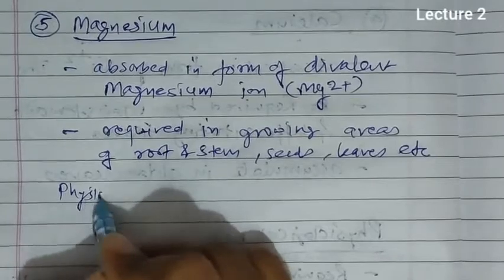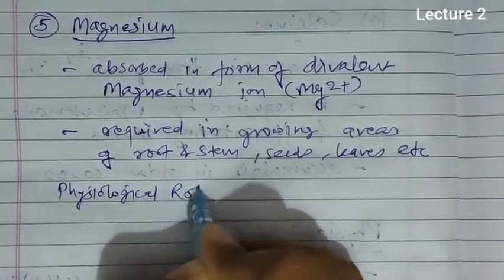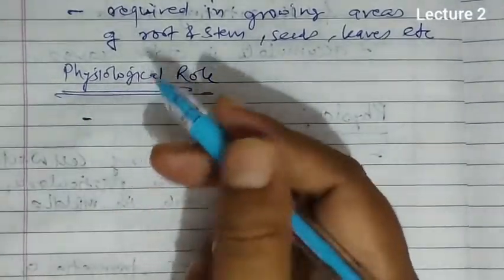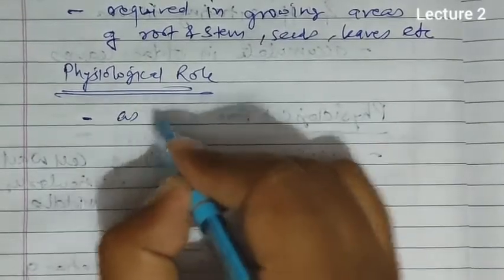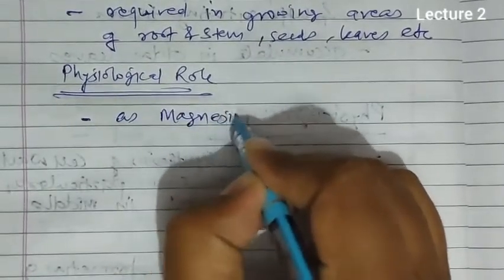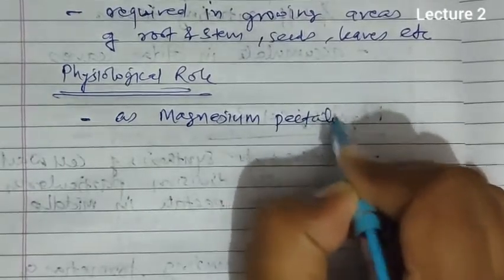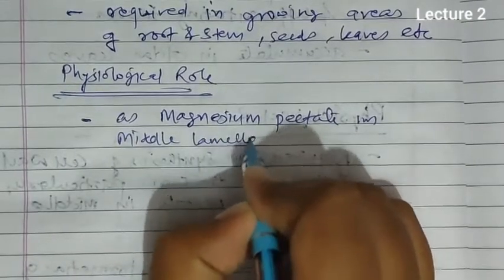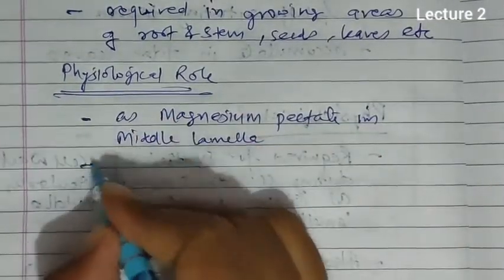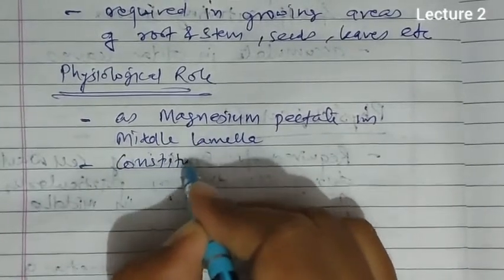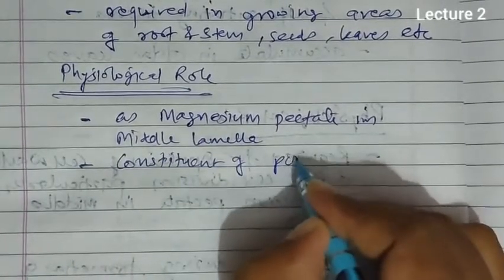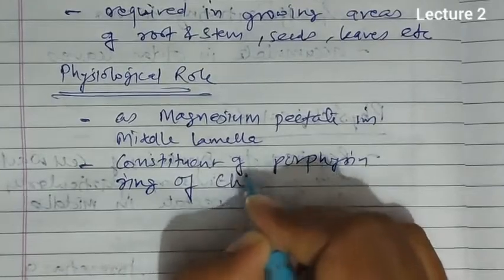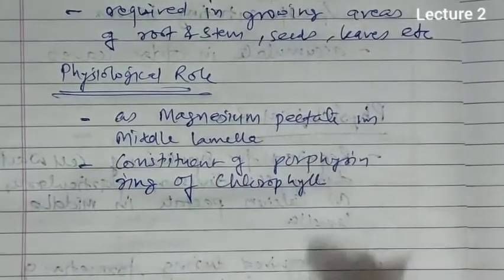When we talk about physiological role, magnesium is present as magnesium pectate in the middle lamella. It is a constituent of the porphyrin ring of chlorophyll, and it is present at the center.